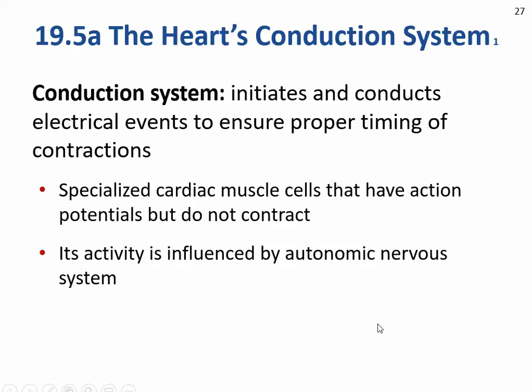Okay, because of the gap junctions, the heart acts as something called a functional syncytium. Functionally, it acts as if it's one cell.